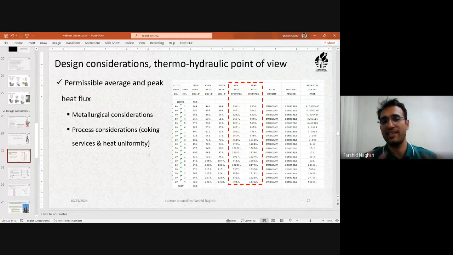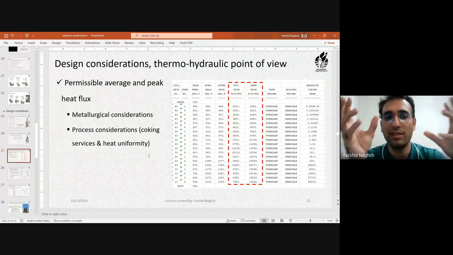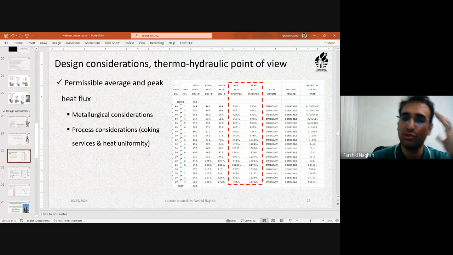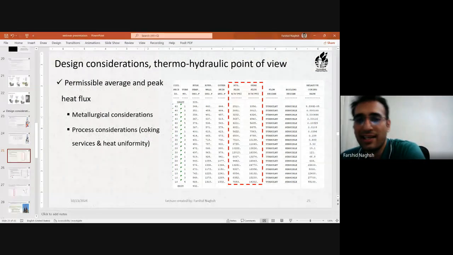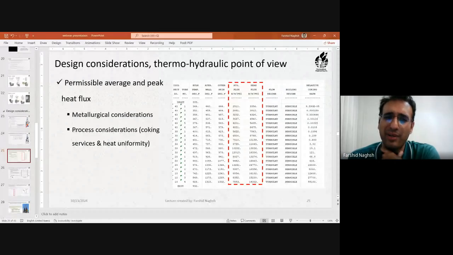A lot of things happen. First of all, the tubes are not able to withstand that much flux, so you will face metallurgical problems. And the second important issue is that you have process considerations.